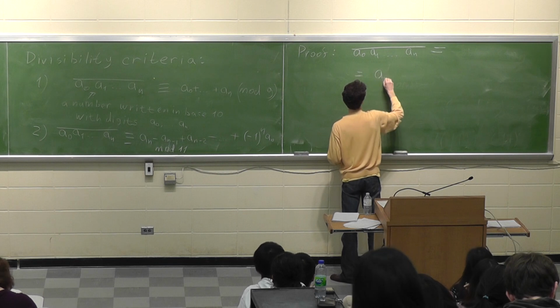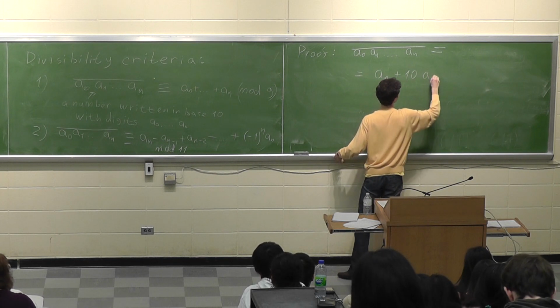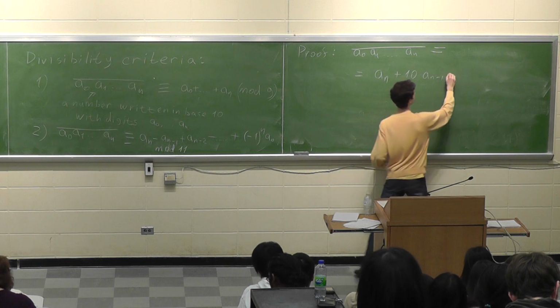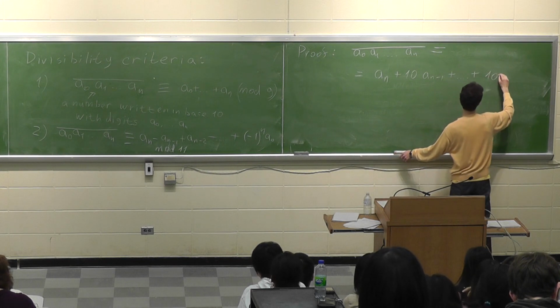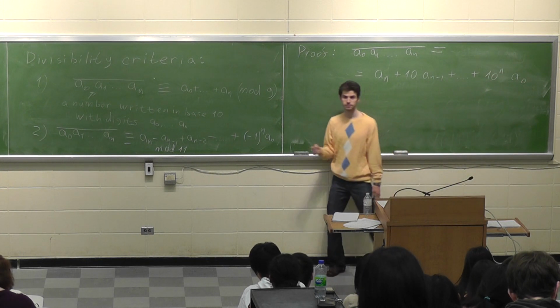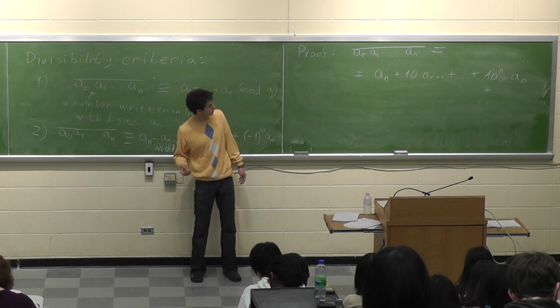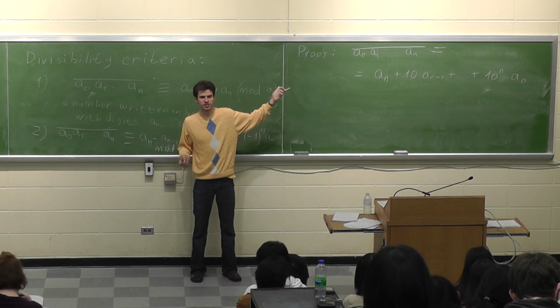It is the last digit plus 10 times the next digit, and so on, plus 10 to the power n times the very first one. It's just another way to write the same number.